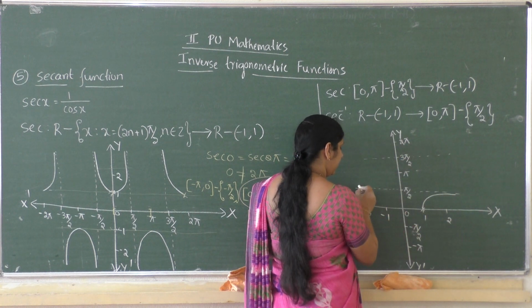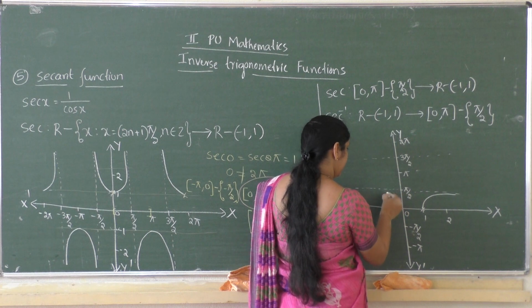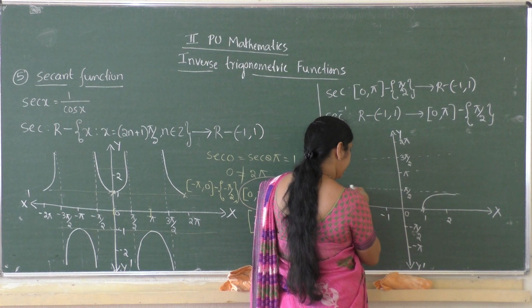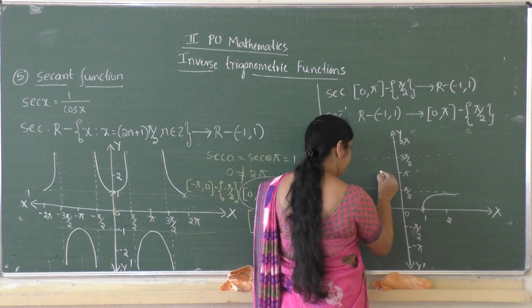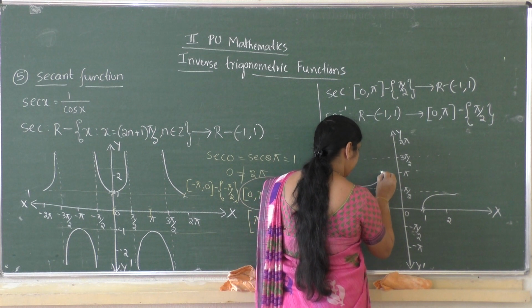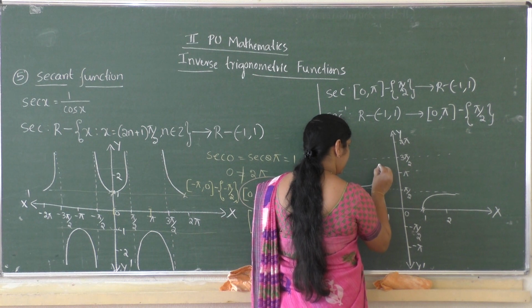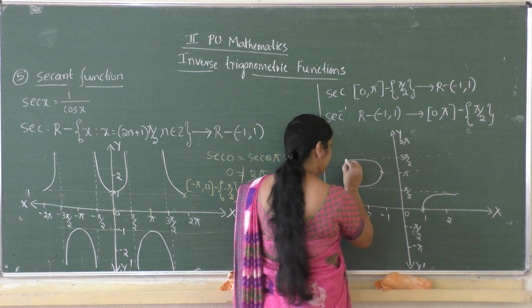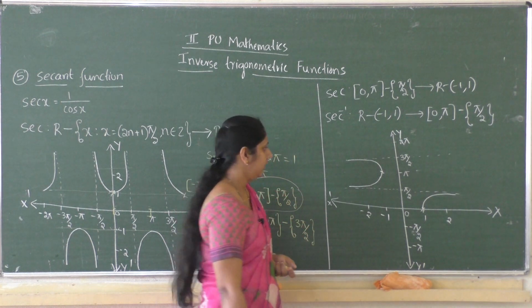Now in the second quadrant, minus infinity at pi by 2 and minus 1 at pi. So like this. Again in the third quadrant, again negative, so minus 1 to minus infinity.